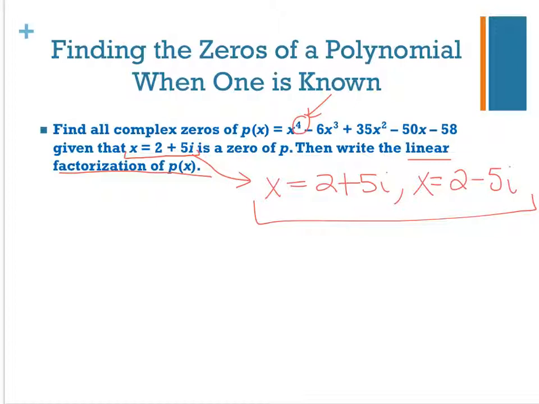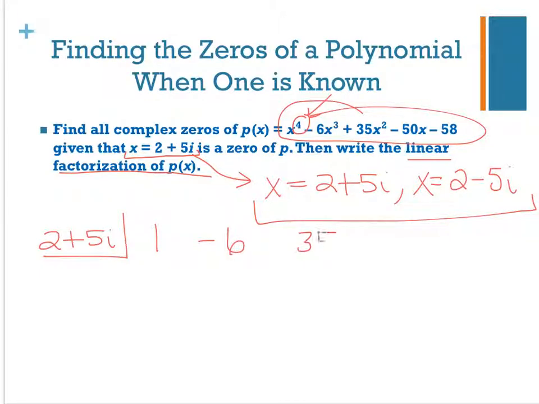So I'm going to start dividing by 2 plus 5i. That's my divisor. And for my coefficients, if I look at this polynomial function, my coefficients are 1, -6, 35, -50, and -58.